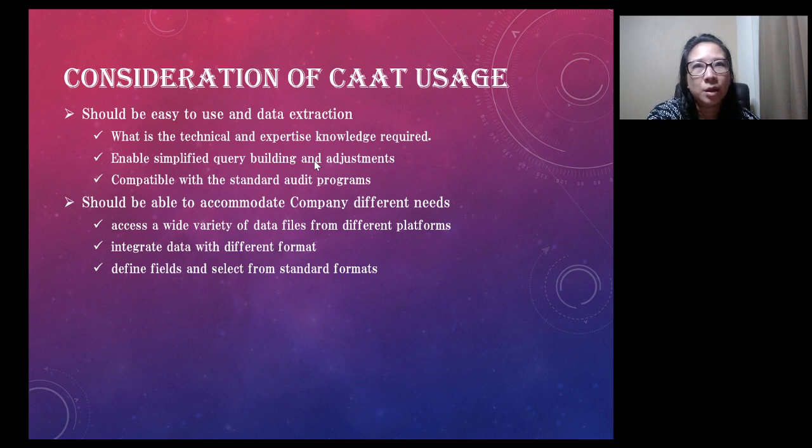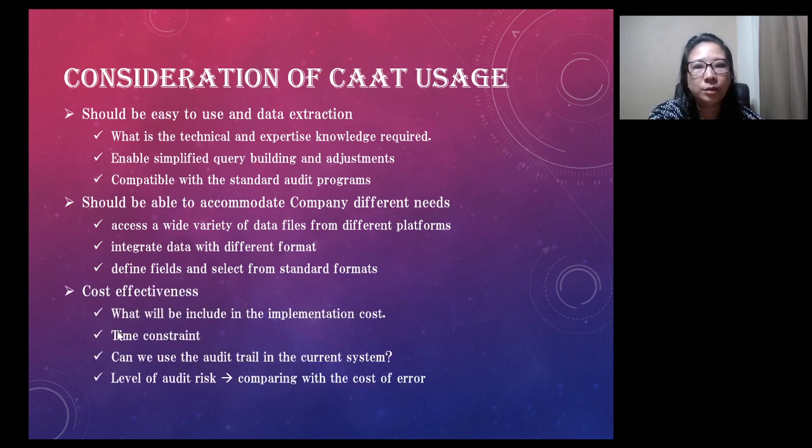And maybe we're talking about the format of the tax number. The tax number in Indonesia, in Singapore, and in the US is also a different length. So that's why we need to know what the different data needs are in our company related to the integrated process, whether on the internal or the external side.